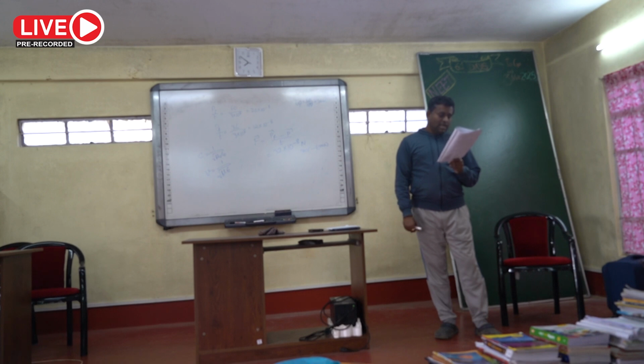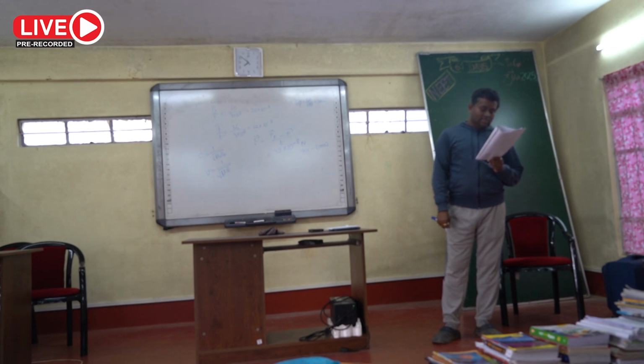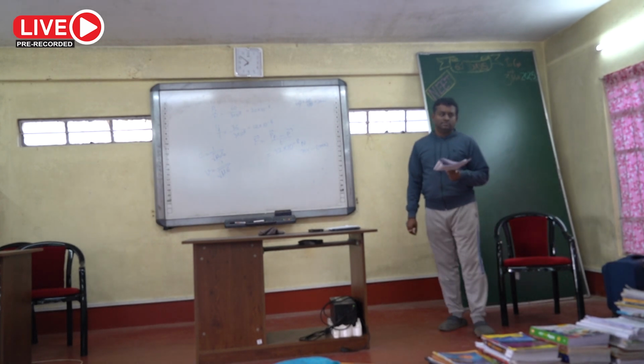Next, the diagram shows energy levels for an electron in a certain atom. Which transition shown represents the emission of photons with most energy?